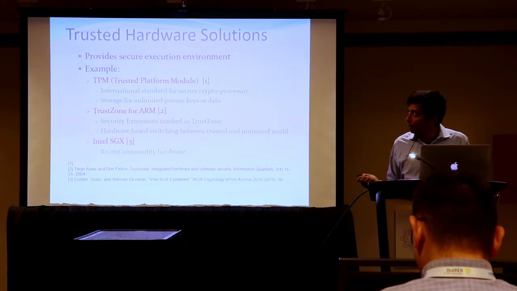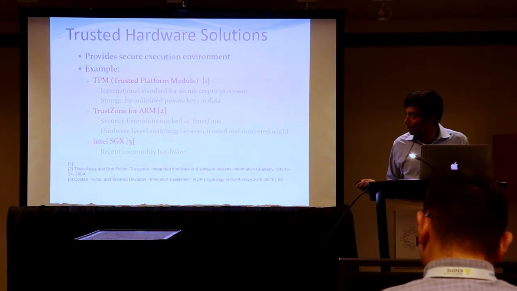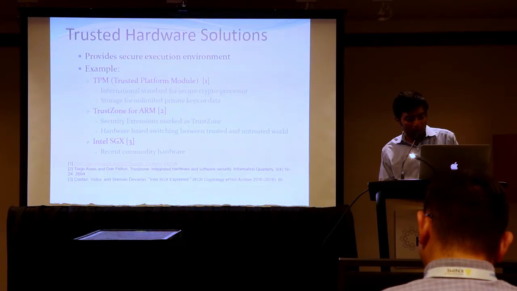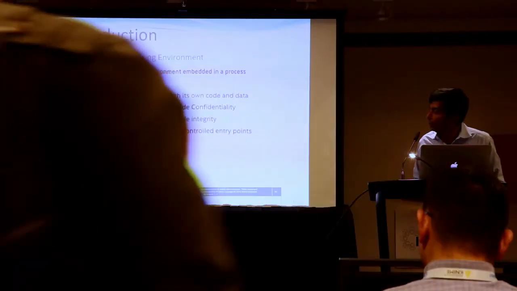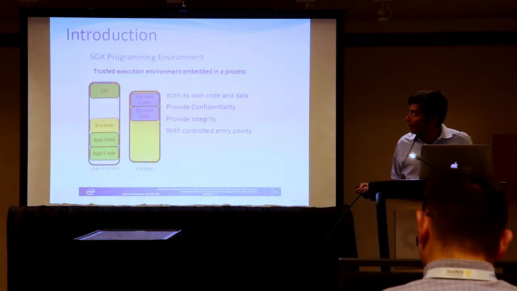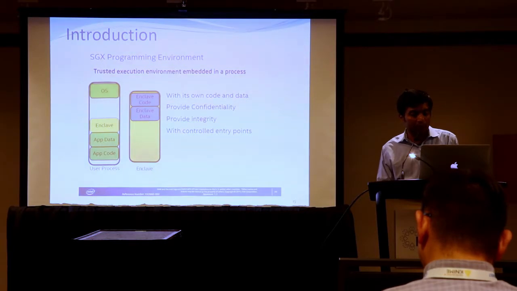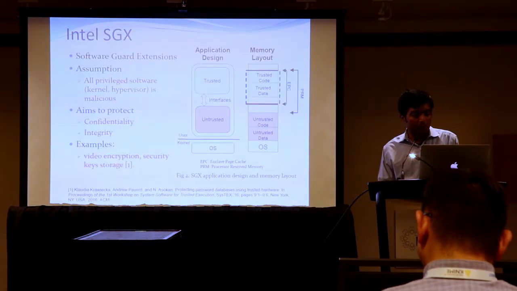There are a bunch of commercial products, and Intel has one of these, and it works on commodity hardware. So in this presentation, I'll focus mostly on Intel SGX. It has an enclave area for the enclave application's code and data, and the enclave provides confidentiality and integrity, and it has controlled entry points.